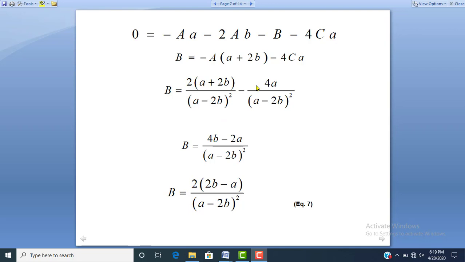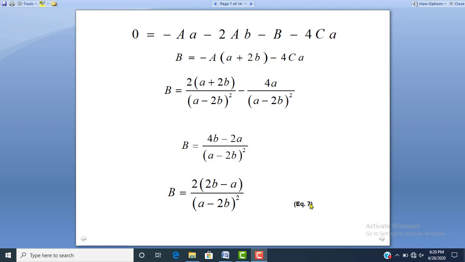This 2a is positive, this 4a is minus. So when we take the difference 4a minus 2a, here will be 2a. By again taking the common 2, b will be equal to 2 into 2b plus a minus a divided by a minus 2b square. This is equation number 7.